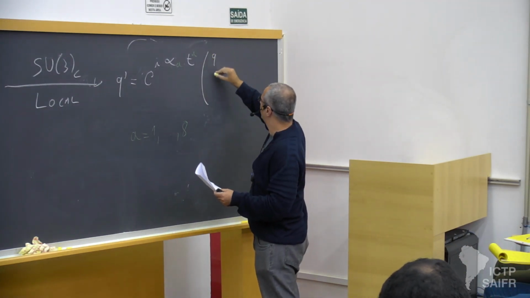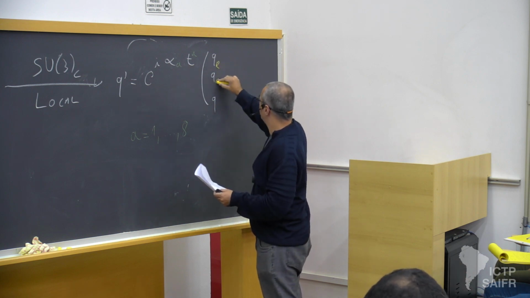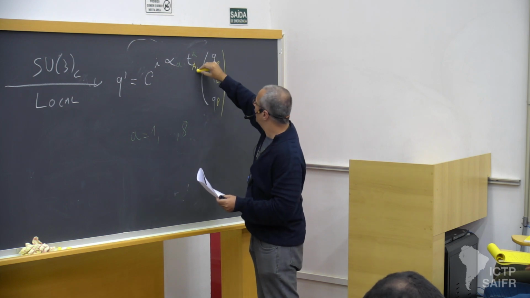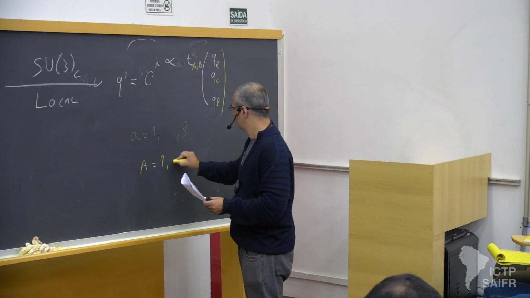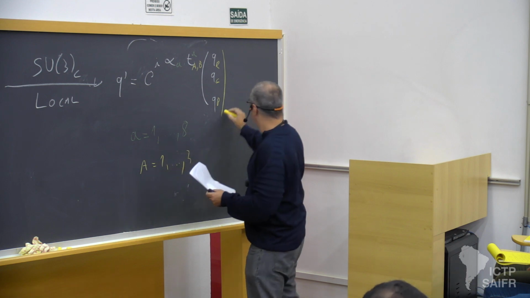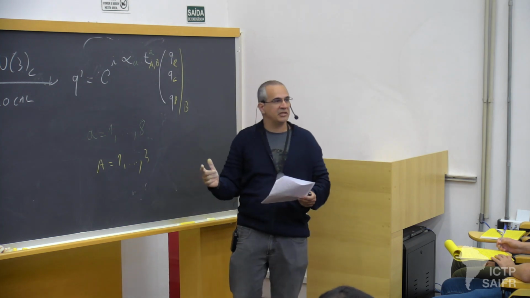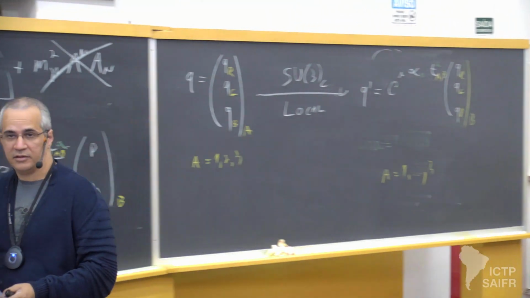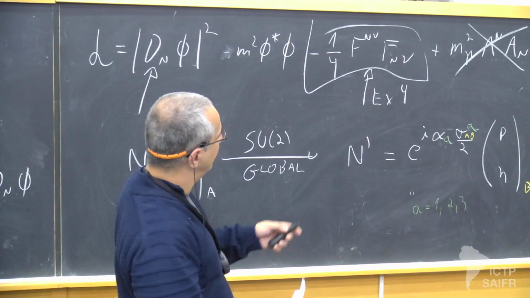And then you have Q_R, Q_G, Q_B here. These Gell-Mann matrices have an index that goes from 1 to 8, and it's contracted with the same index here. So the Gell-Mann matrices are 3 by 3 matrices that, in the fundamental representation, generate the SU(3) group.